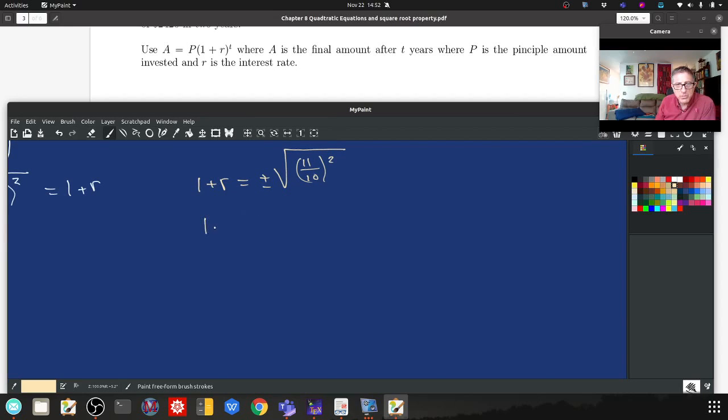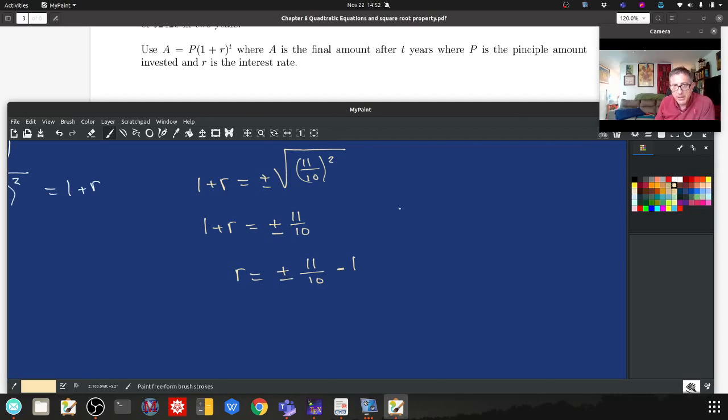So that's 1 plus r is equal to, so we know that our interest rates are going to be positive. So the square root of 11 tenths squared is either going to be plus or minus 11 tenths. So r is going to be plus or minus 11 divided by 10 minus 1. Here is the thing.